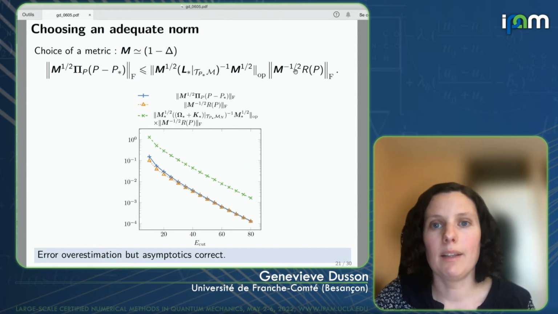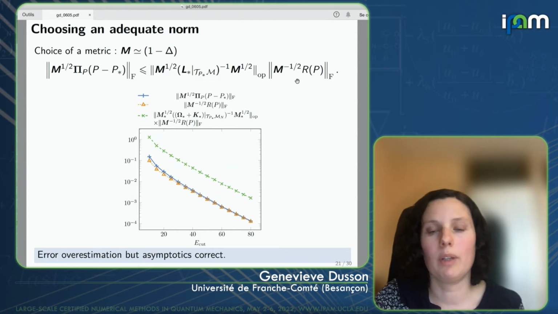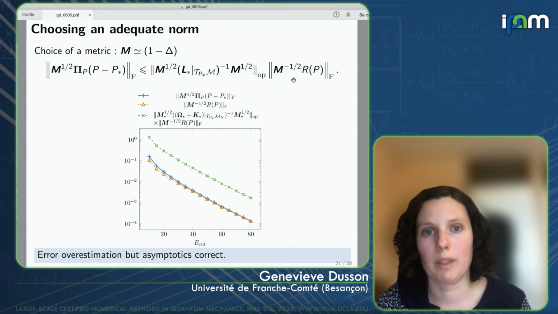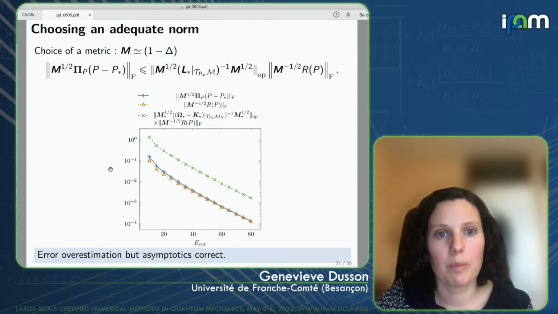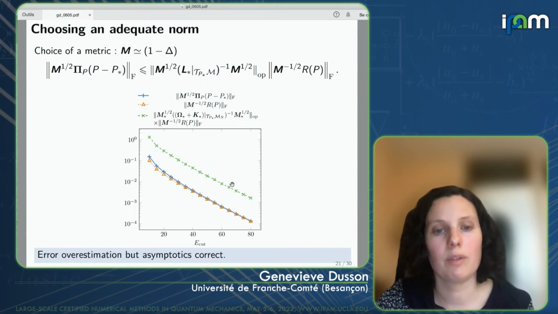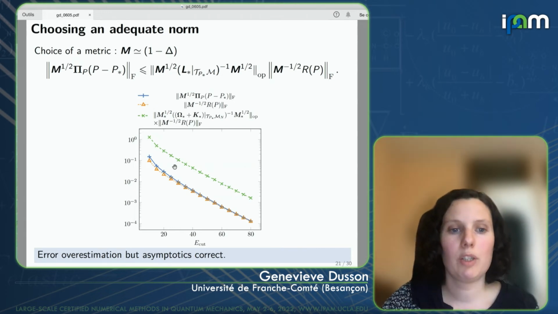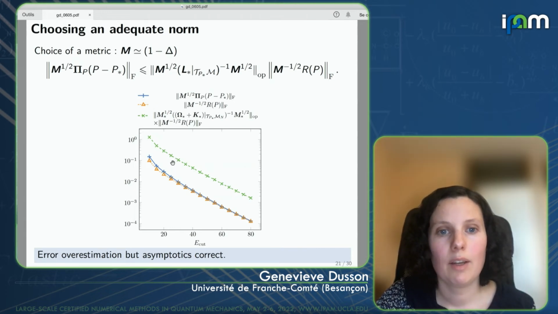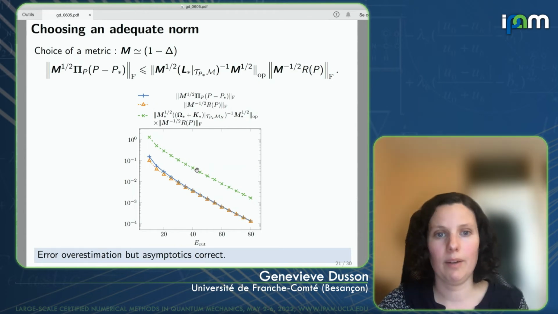This means that we are not looking at the residual in L2 norm, but in H minus 1 norm. Numerically, in blue we have the exact error, and the bound in green is really an upper bound of the error. We still have an overestimation, but at least the two errors decrease at the same speed asymptotically.